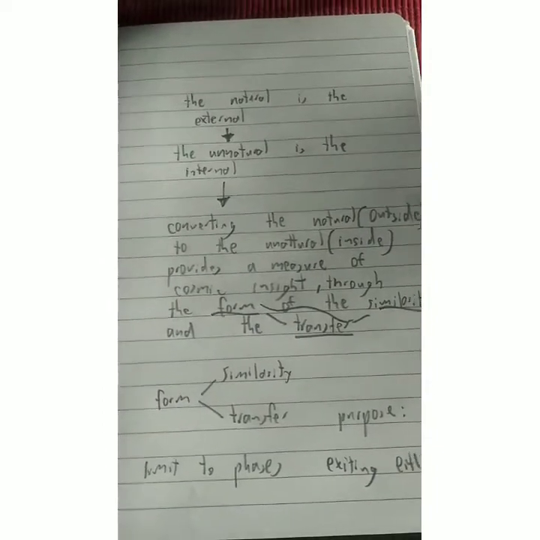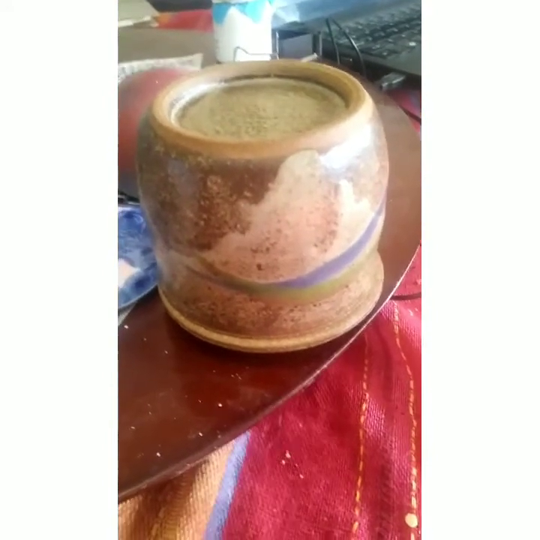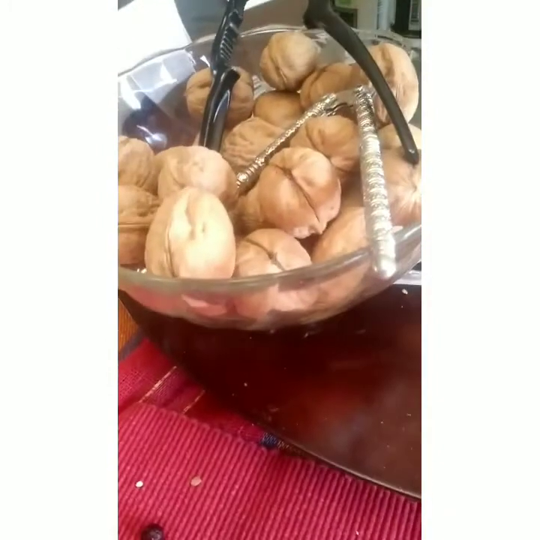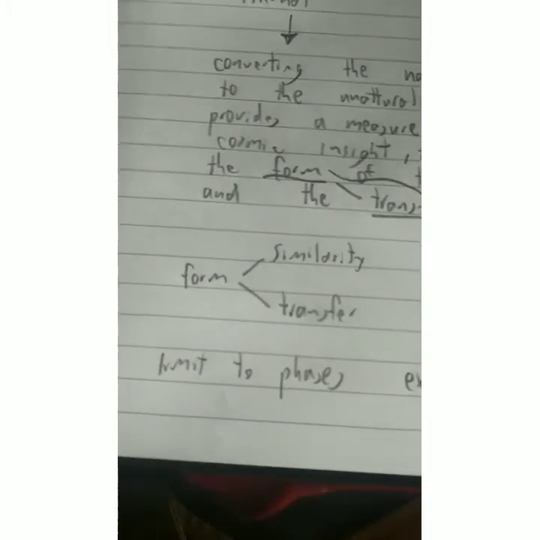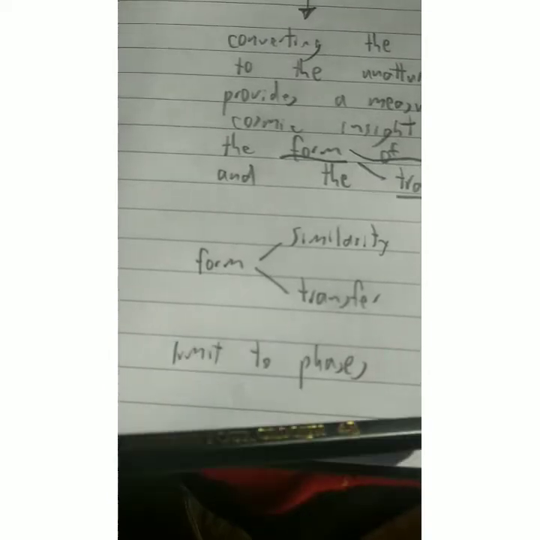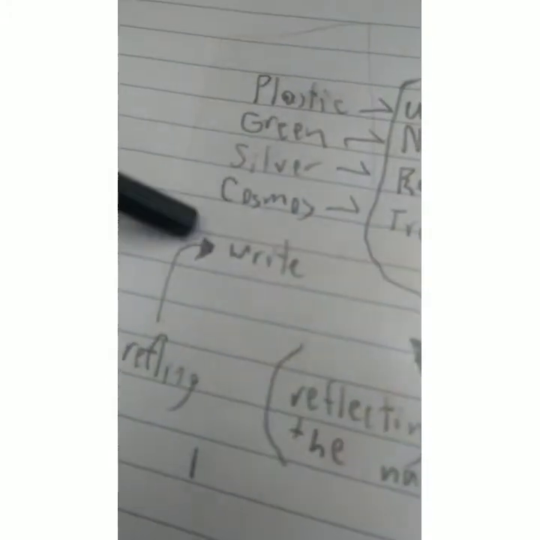So like, this is probably a stump, and these are probably rocks. But that doesn't always count because they're limited to the phase of it. So plastic, green, silver, and cosmos. Anything that's not in this part doesn't count.